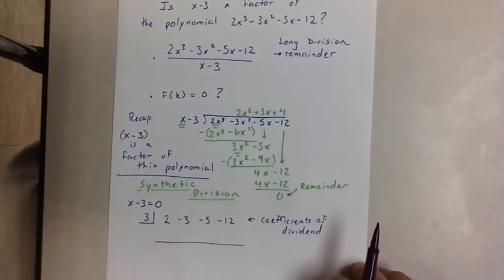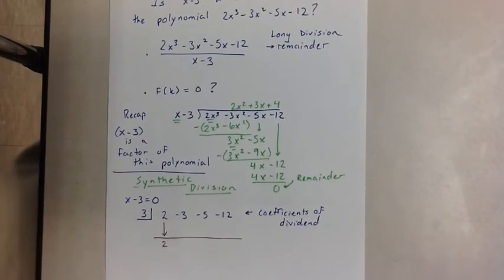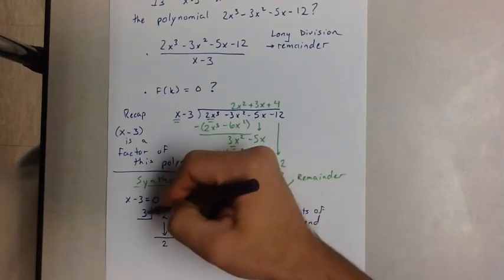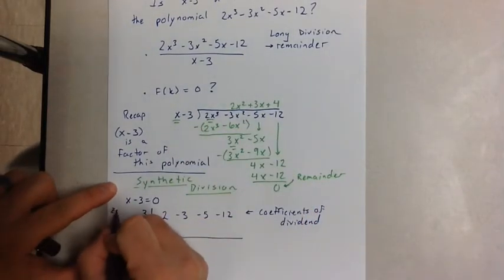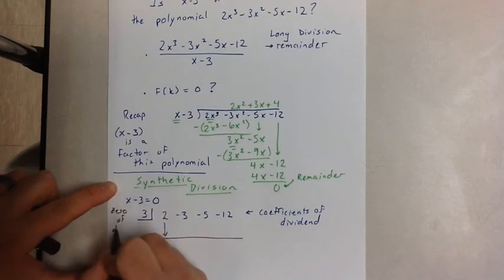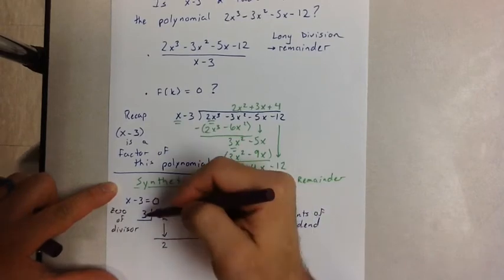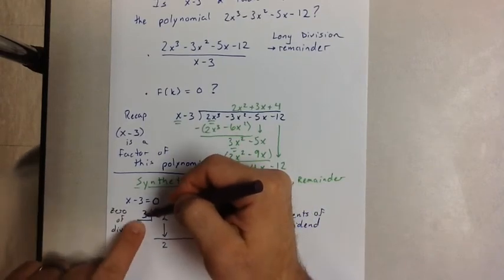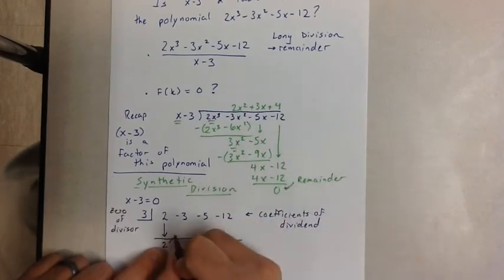And what we do is we drop our first term, so we drop the 2, and we take our possible 0, the 0 of the divisor. We multiply it by the dropped number. So 3 times 2 we know to be 6, and that goes up in the next position.